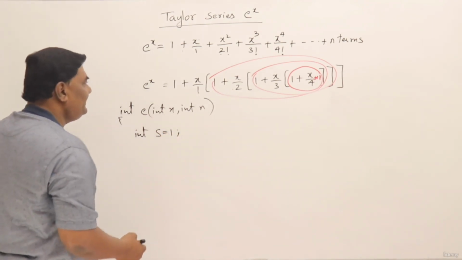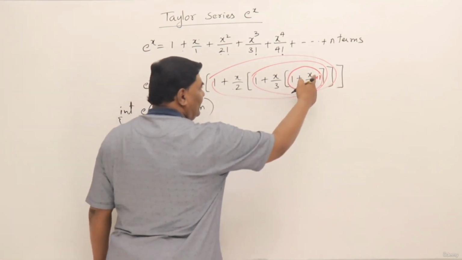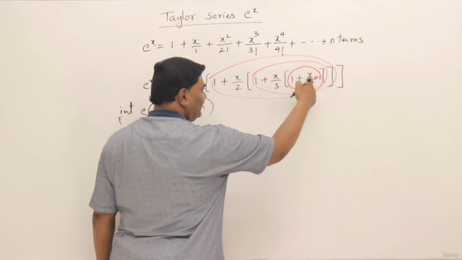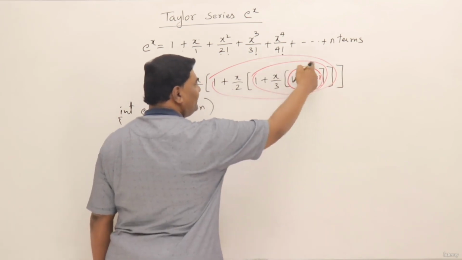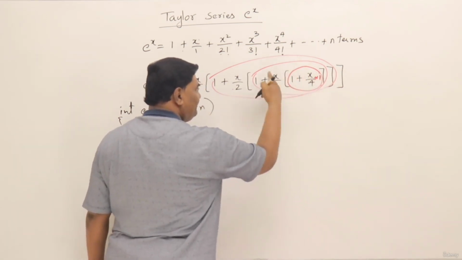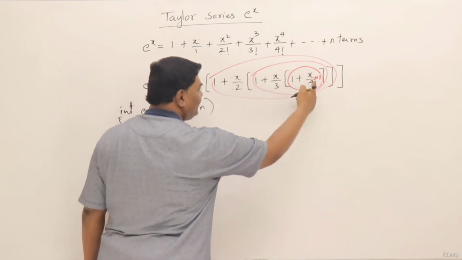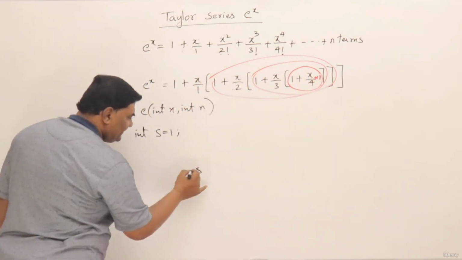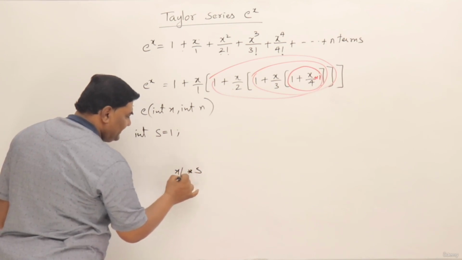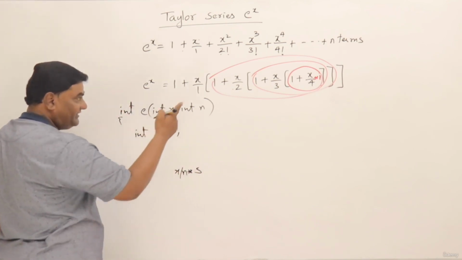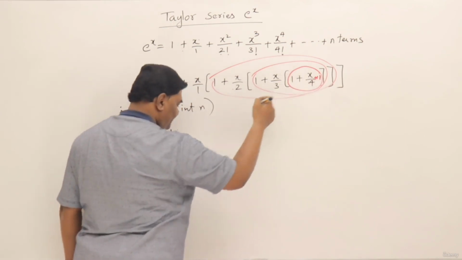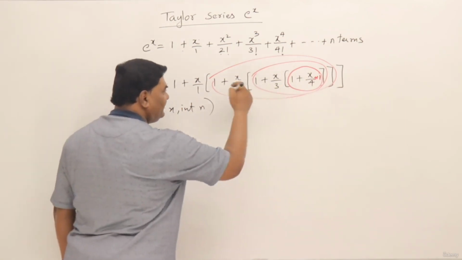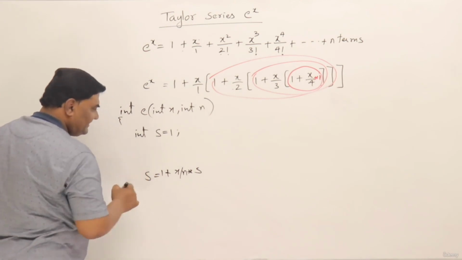Now in each step, x by 4 is multiplied with the result s and 1 is added, and this becomes the result, which is multiplied by x by 3 plus 1 and so on. Every time s should be multiplied by x by n, whatever the value of n is. Right now it is 4 if you start from here, then plus 1 is added and this result should be taken in s only.